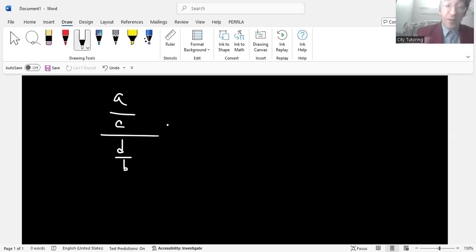Just because it's written this way doesn't mean anything. It's just a different style. So you take the numerator here, which is the top fraction, a over c, and you can rewrite it as a over c multiplied by the reciprocal of the bottom, d over b, which becomes b over d.